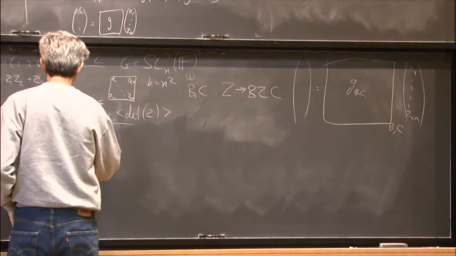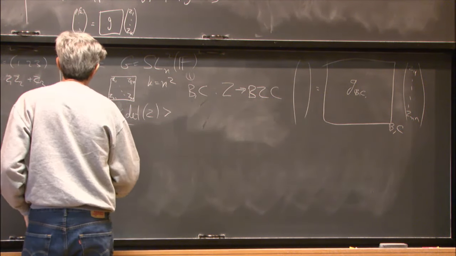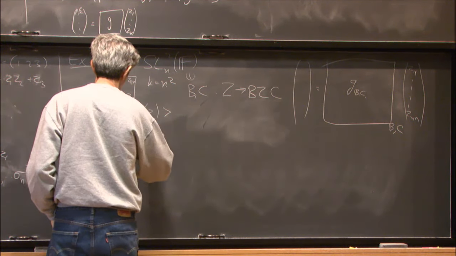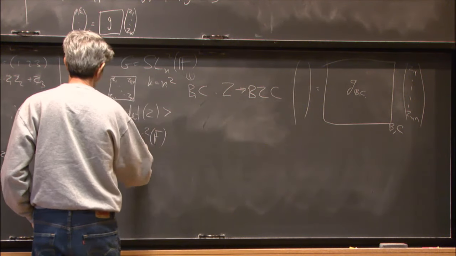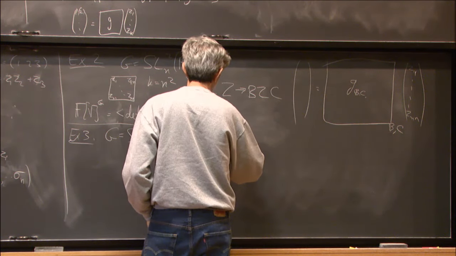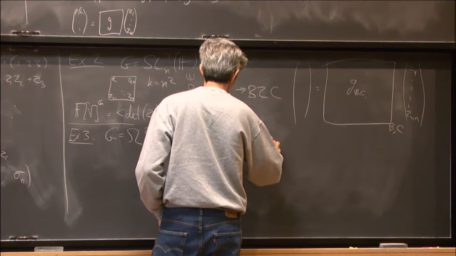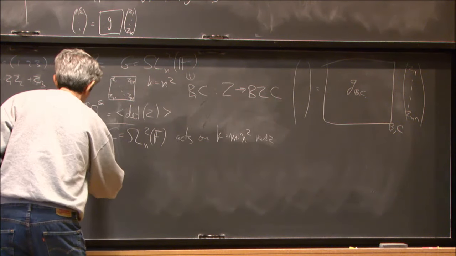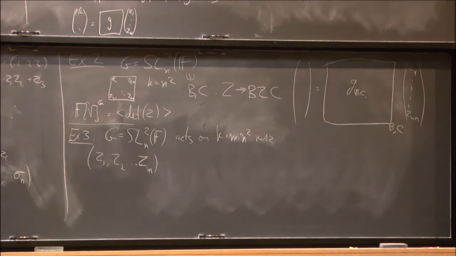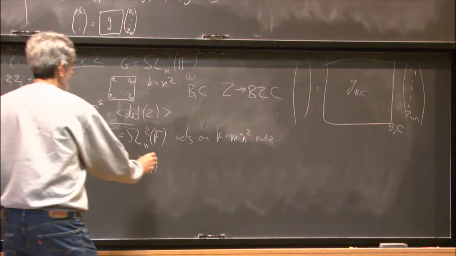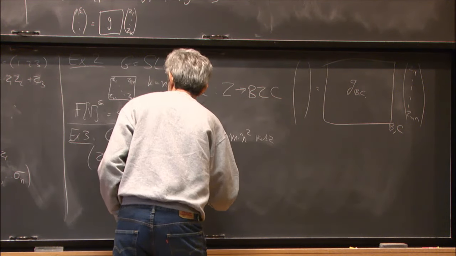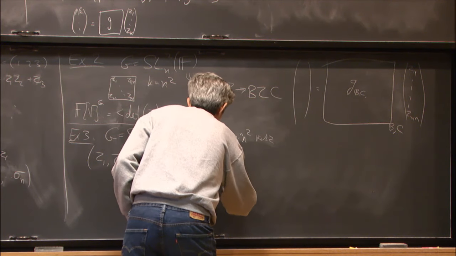So now, what we want is G is the same SLn squared, but now it acts on K's m times n squared variables, which are arranged in matrices Z1, Z2, Zm of n by n matrices, and they are mapped under a pair BC into what we saw before, BZ1C.